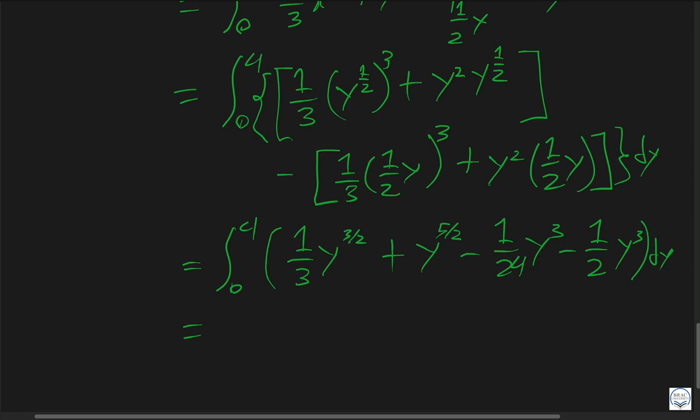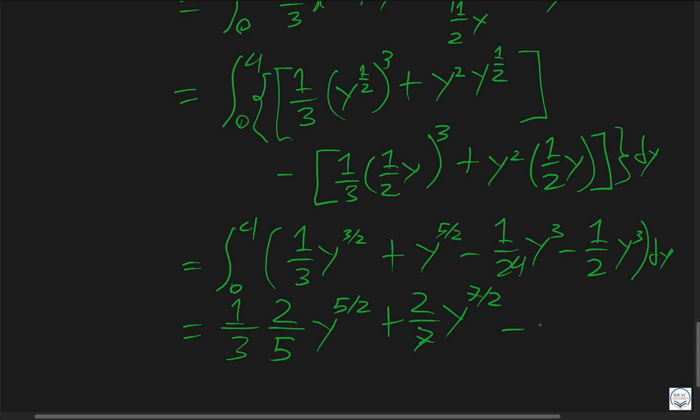So now we just do a simple integration. So we get 1/3 over, we increase the power by 1, so we get 5/2. If we divide by 5/2, it means multiplying by 2/5, so we get 2/7 y to the power 7/2.